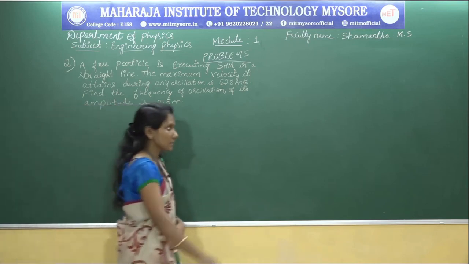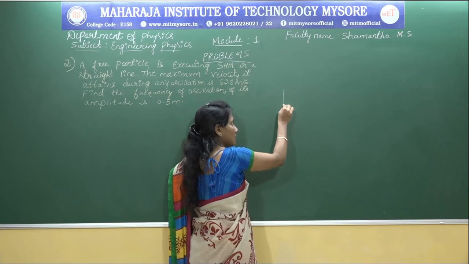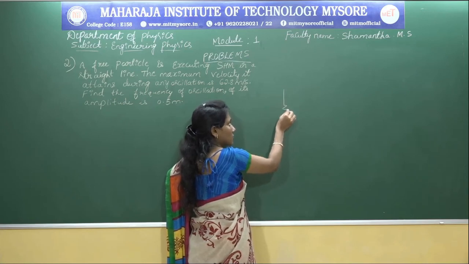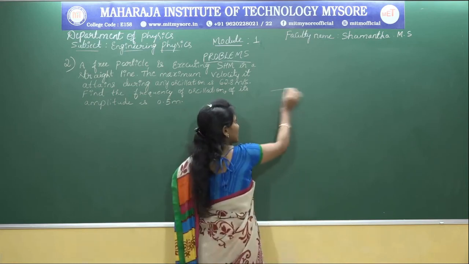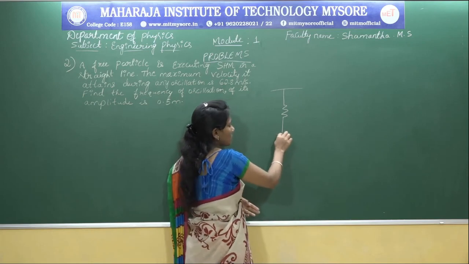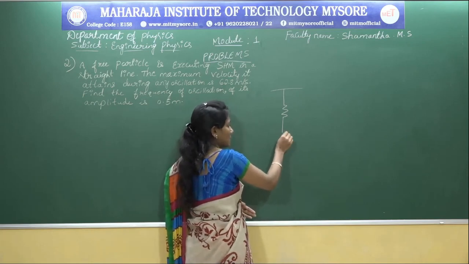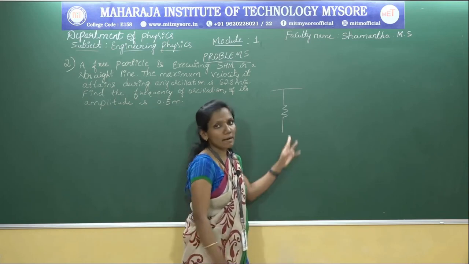So if we consider any particle which is executing oscillations in a straight line, with a maximum velocity, that means at the center the velocity will be maximum.